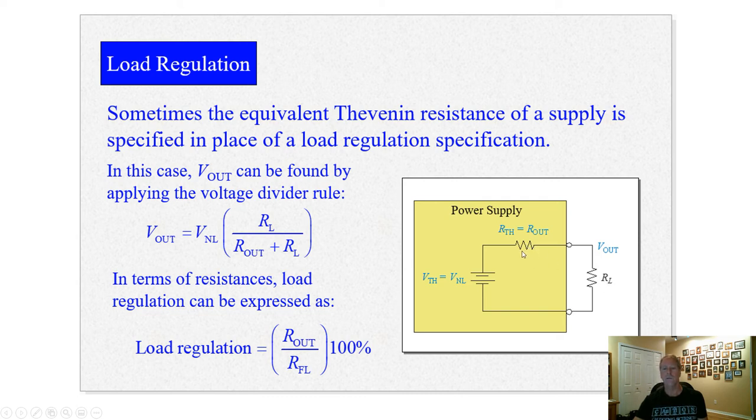Some of the voltage from the internal source, which is ideal in this case, is dropped across that Thevenin resistance, and so you get less voltage left over for the load. That's expressed here, the simple voltage divider formula. You can look at it this way: R out over R full load times 100%.